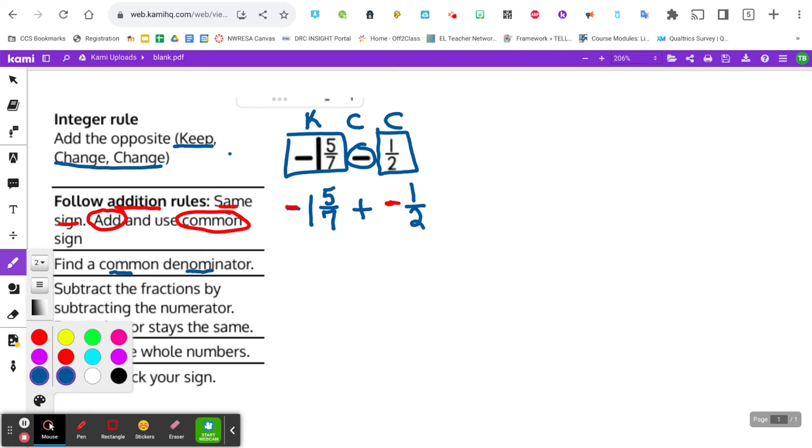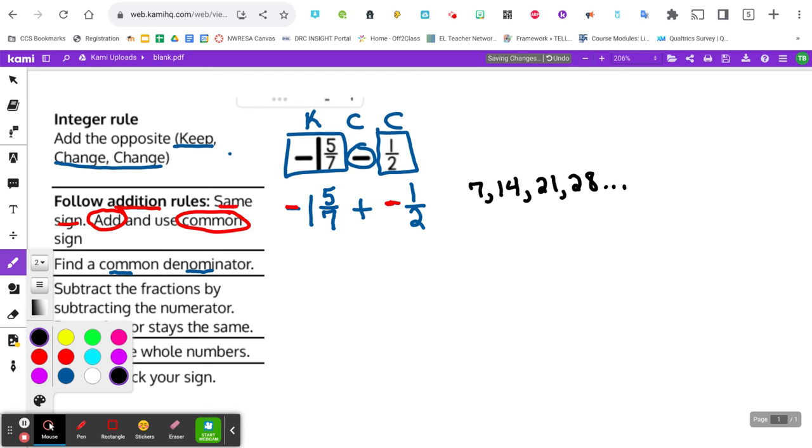In order to find a common denominator, you can just list the multiples. You probably already know what it is, but just in case you don't know, let's list the multiples of 7. So 7 times 1 is 7, 7 times 2 is 14, 7 times 3 is 21, 7 times 4 is 28, and hopefully that's enough.